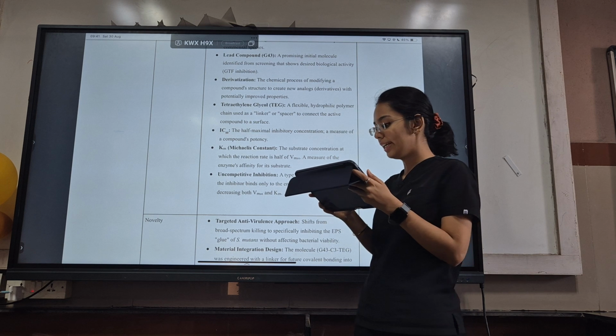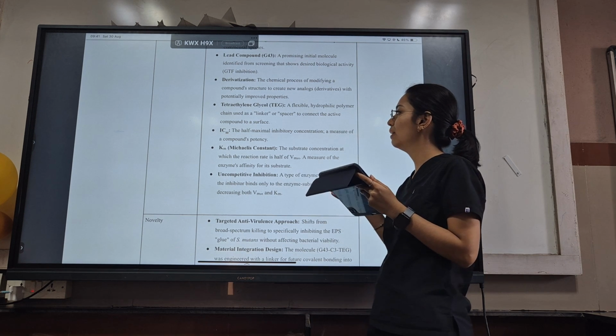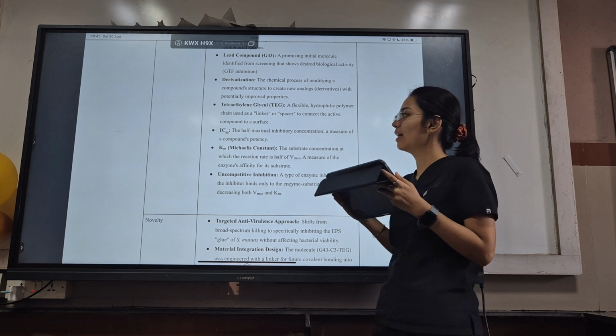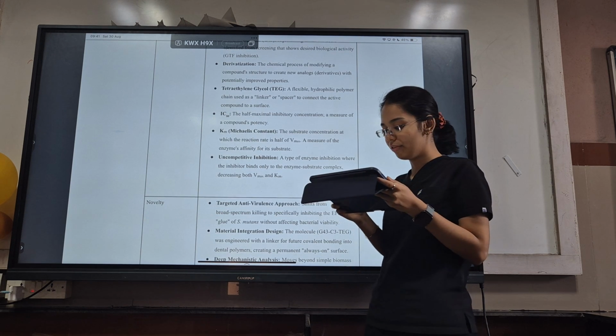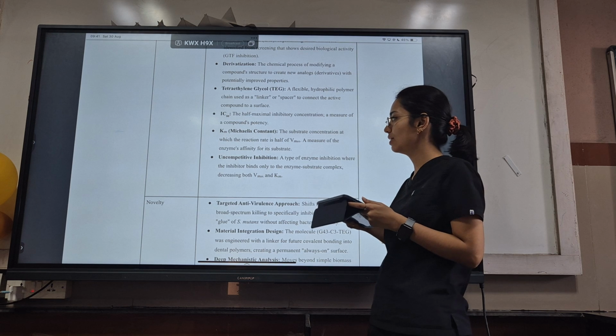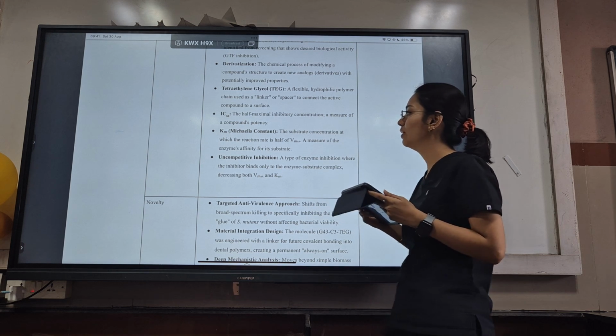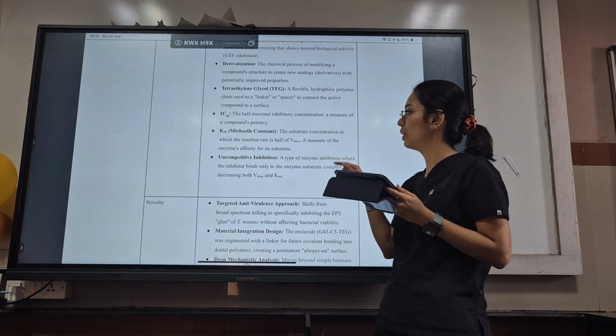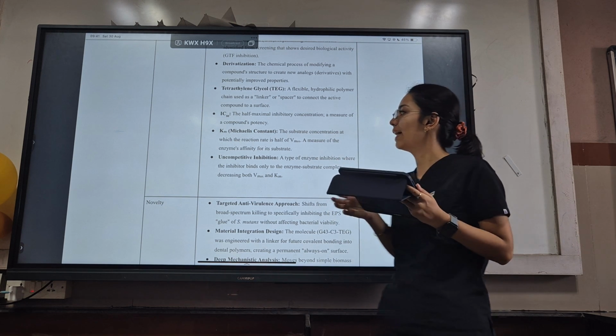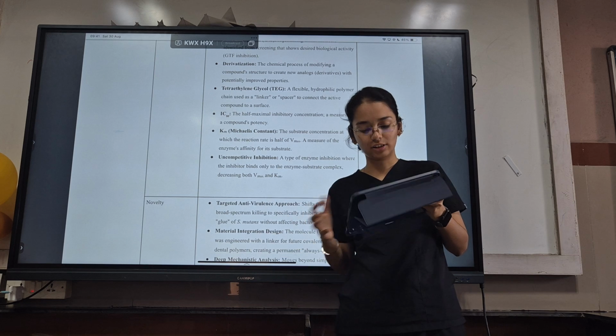And IC50 is the half maximal inhibitory concentration, that is the measure of a compound's potency. And we have Km, that is the Michaelis constant, the substrate concentration at which the reaction rate is half of the Vmax. It is a measure of the enzyme's affinity for its substrate.